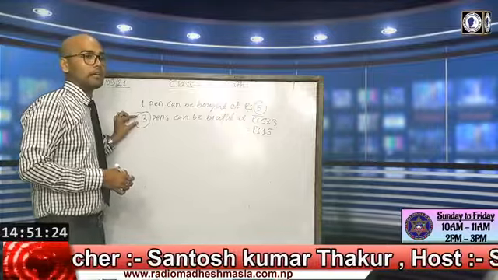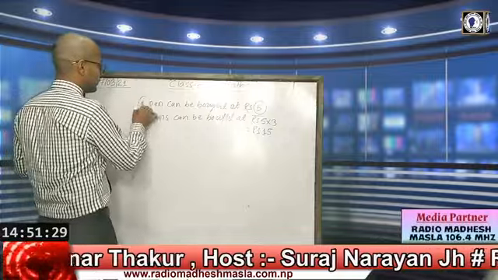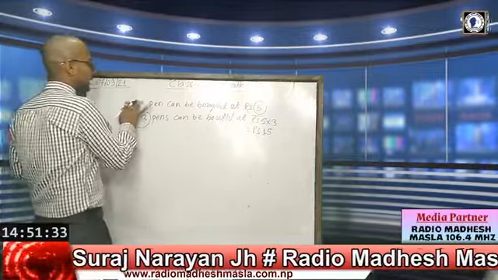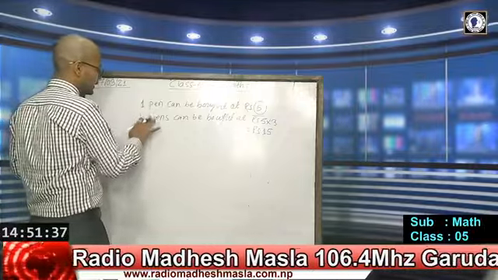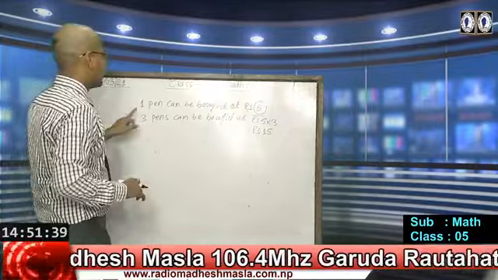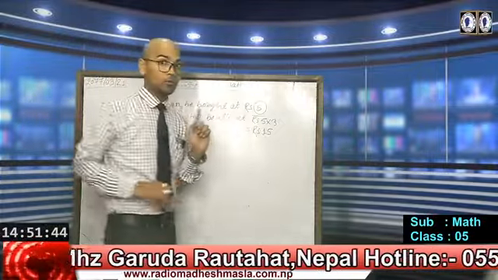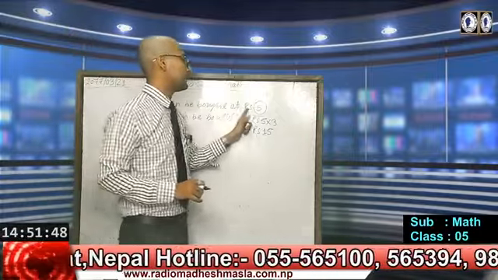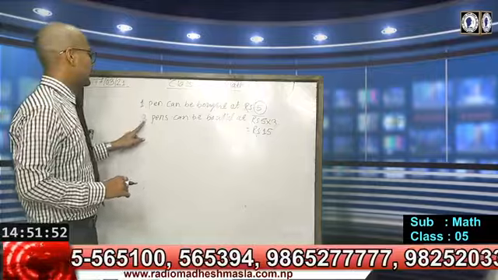In the same way, at the place of 3, if we replace it, suppose there is a question: one pen can be bought at Rs 5. How much for X pens?